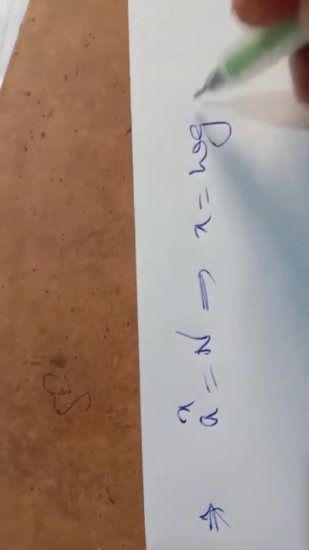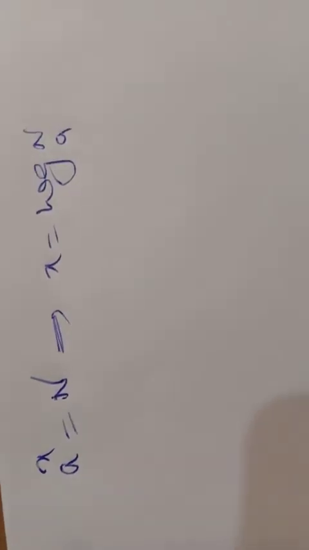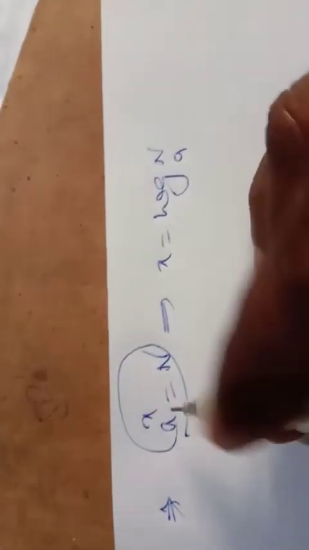Next one, a power x equal to n, then x equal to log n base a. Here this is called exponential form, and this is called logarithmic form.